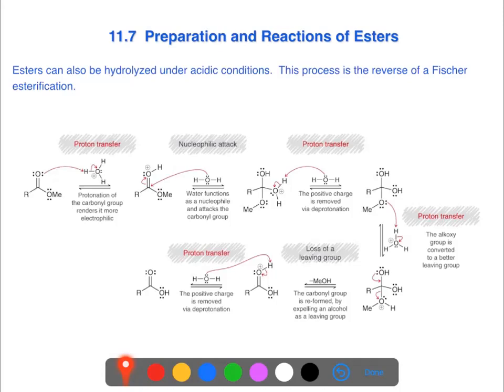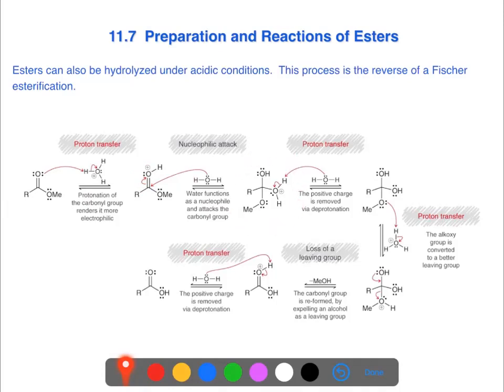The first step involves a proton transfer to make the ester a better electrophile. And so we have a proton transfer between our ester and the hydronium ion to form the protonated ester. We have water acting as a nucleophile to form a new oxygen-carbon bond with the carbonyl carbon, and we break that pi bond to form this new intermediate.